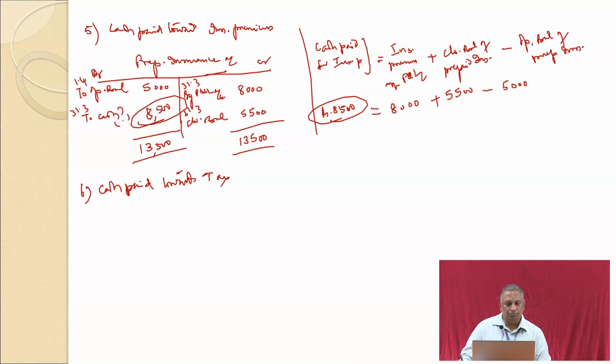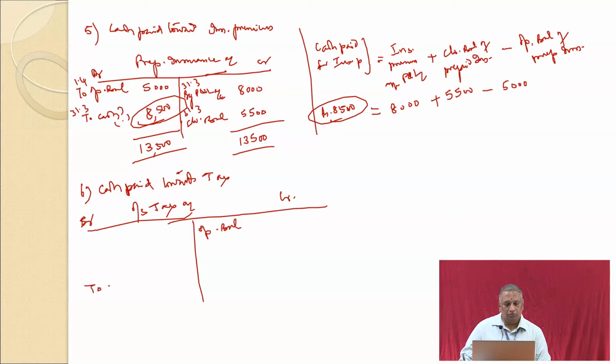So first let us do it based on the ledger method. Outstanding tax or tax payable account. All outstandings are normally credit side items of the trial balance, meaning liability items in the balance sheet. So opening balance on the debit side, by opening balance to closing balance.